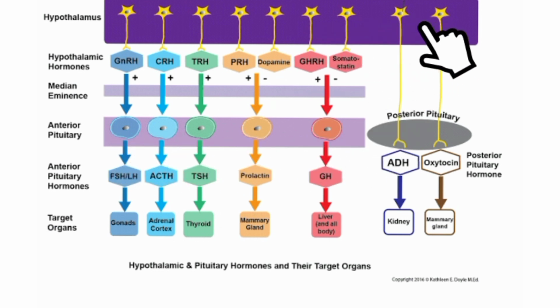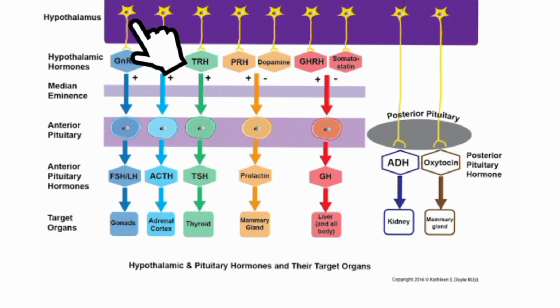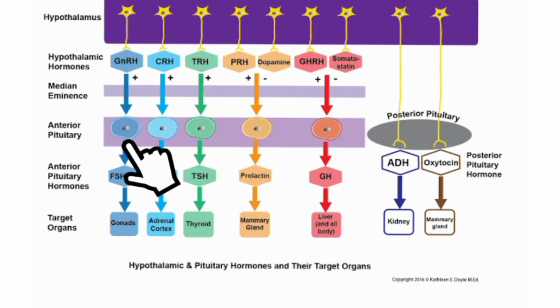Then the hypothalamus produces two hormones, ADH and oxytocin, from the neurosecretory cells, and these go via nerve fibers to be stored in the posterior pituitary gland, whereas the other hormones of the hypothalamus, apart from ADH and oxytocin, like gonadotropin releasing hormone and corticotropin releasing hormone, all these releasing and inhibitory hormones go by means of blood vessels into the anterior pituitary.